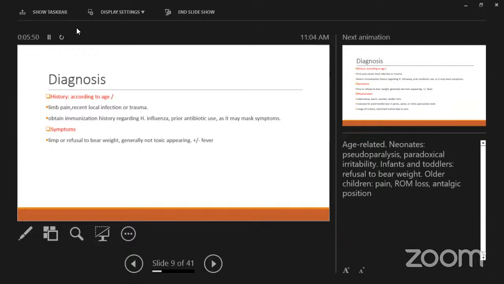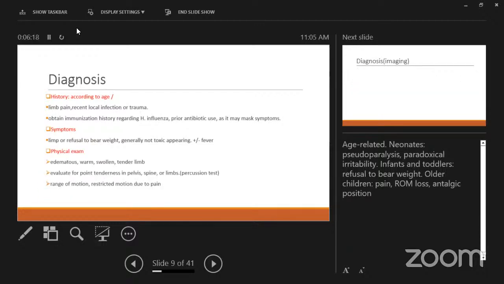In young children, there is limb pain, recent local, a decrease in range of motion, inability to bear weight. In older children, they start complaining of localized pain, limb pain, and have restricted range of motion and systemic manifestations.